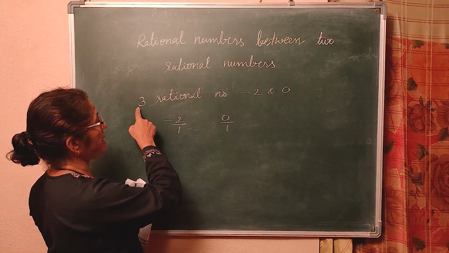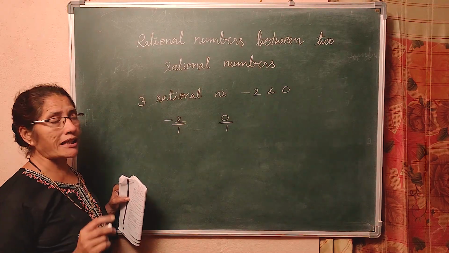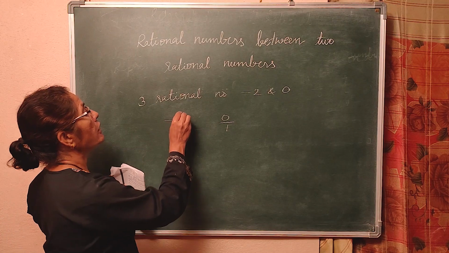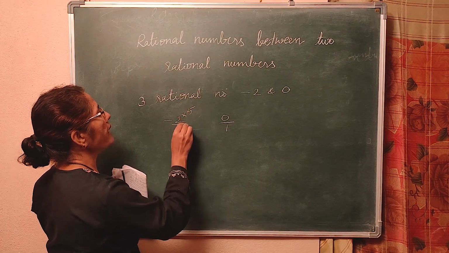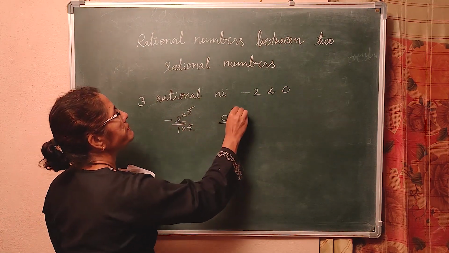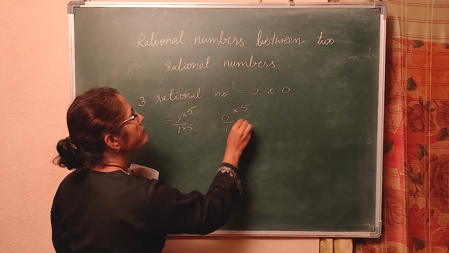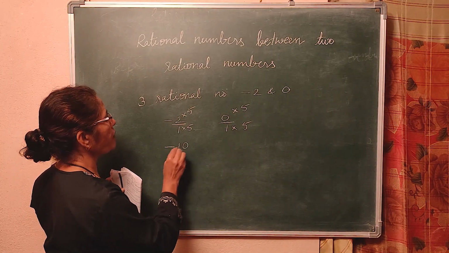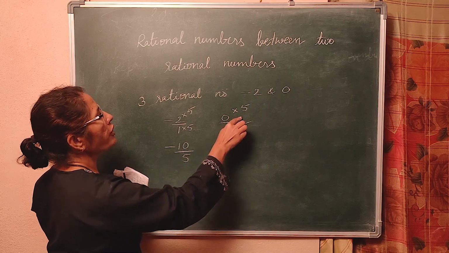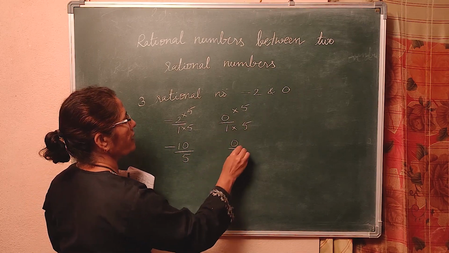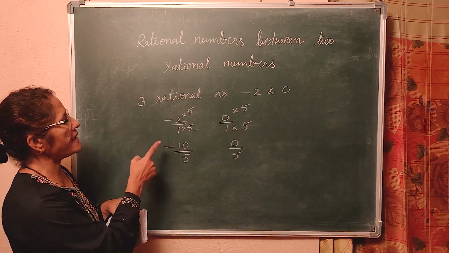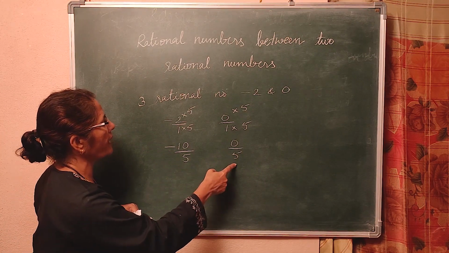How many rational numbers have they asked? 3. So you multiply either by 4 or by 5, to both the numerator and the denominator here. So what do you get? Minus 10 by 5. And what do you get? 0 by 5. What are the numbers between minus 10 by 5 and 0 by 5?